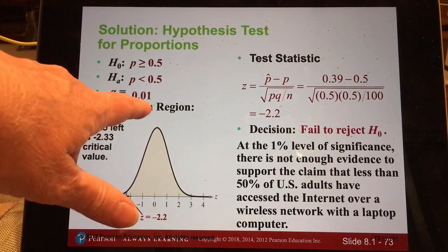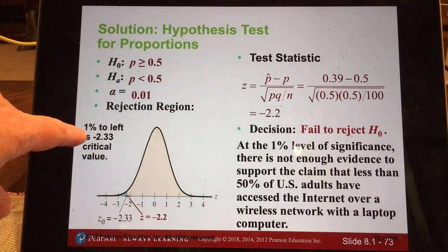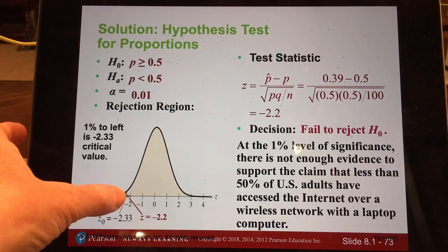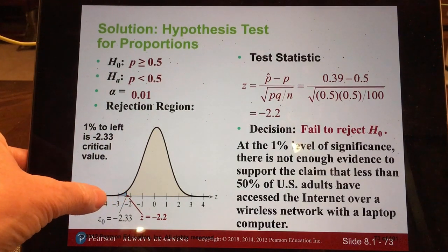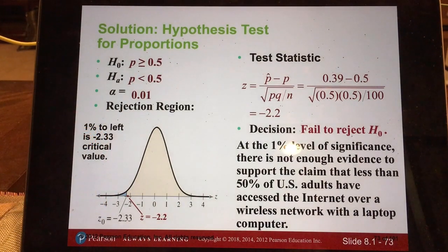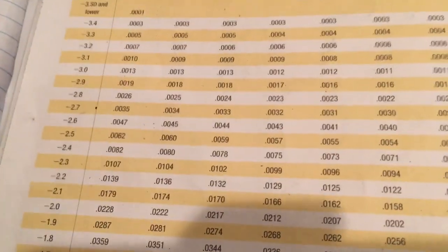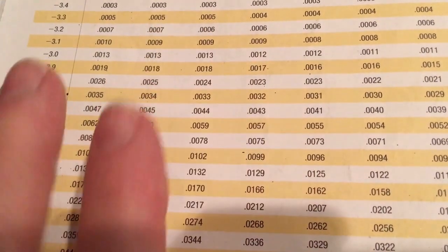We're doing this to the 1% alpha. So then we have 1% to the left in the little tail. To find that critical value, we can look up 1% in our standard normal table. I'm going to look up 0.01, because this is 0.01 to the left.